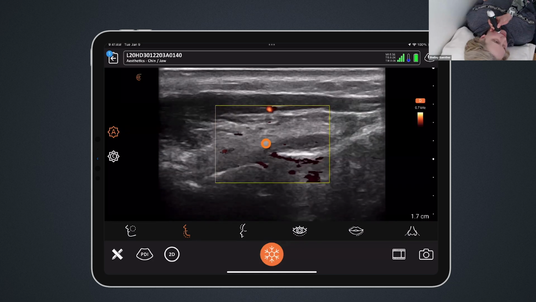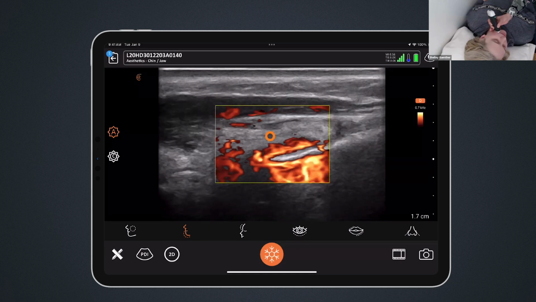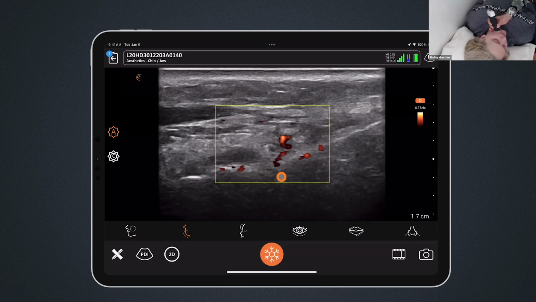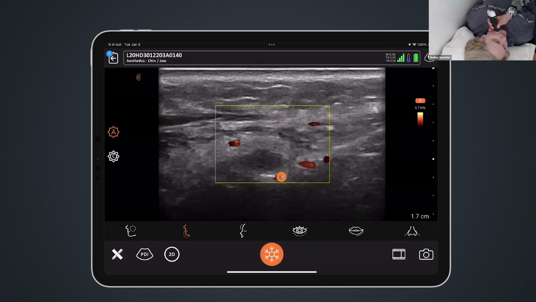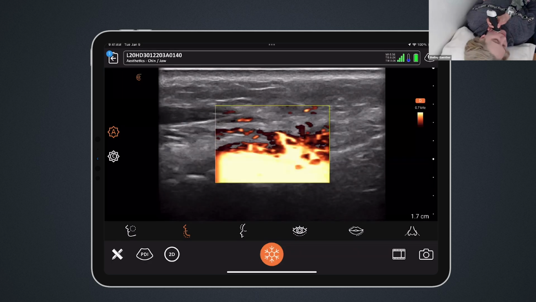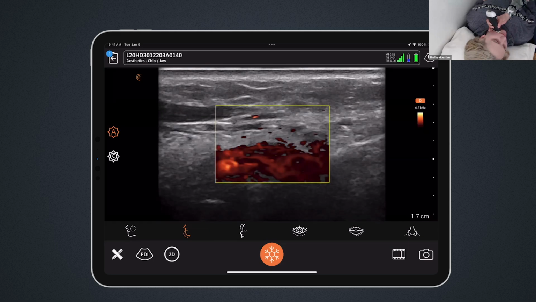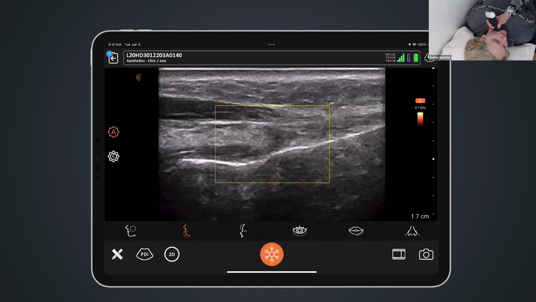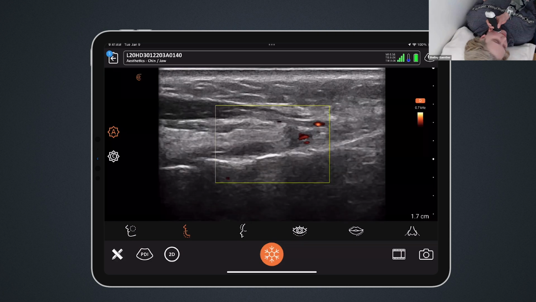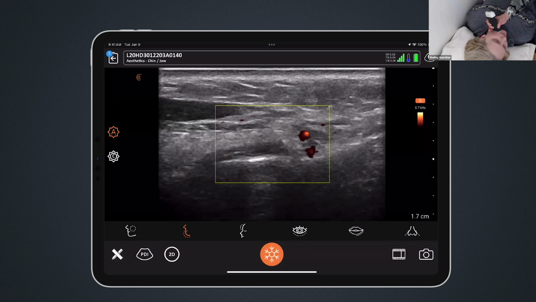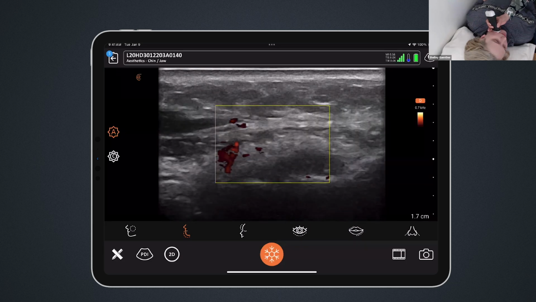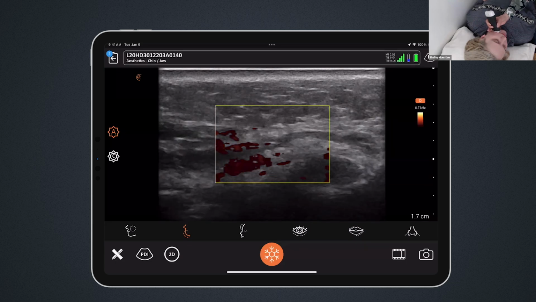And so then if I go up a little bit higher, I'm going to try to find the inferior labial artery. And you said that's going to be just beneath the DAO, correct? Yeah, or should be. Putting you on the spot here.